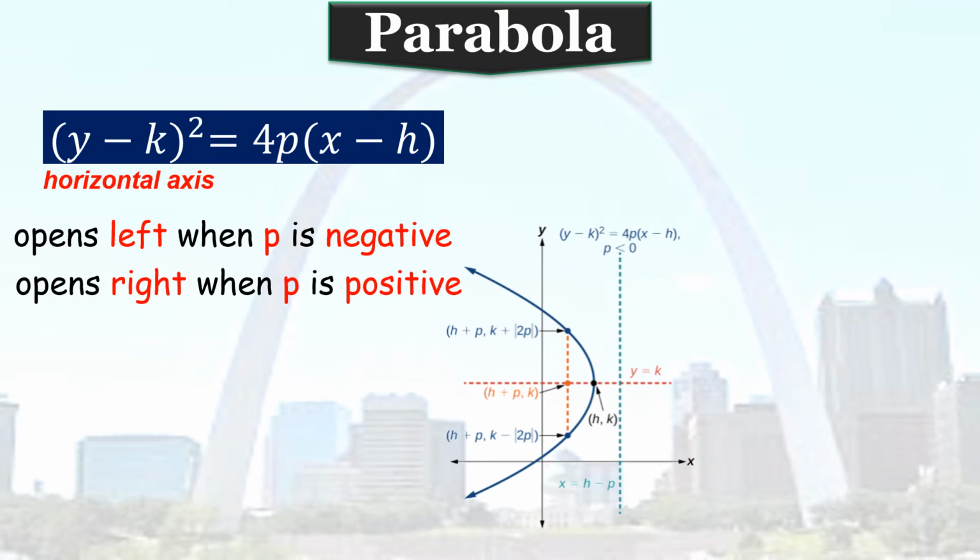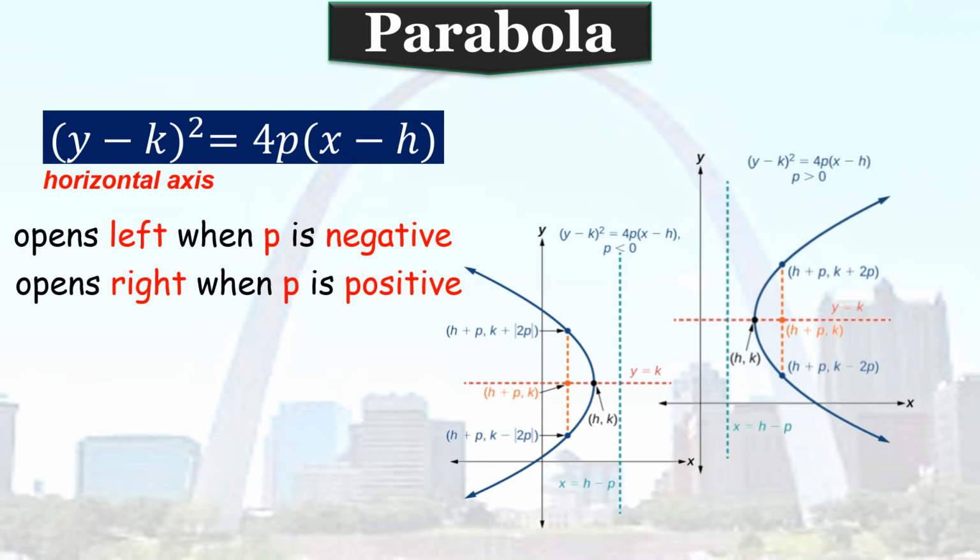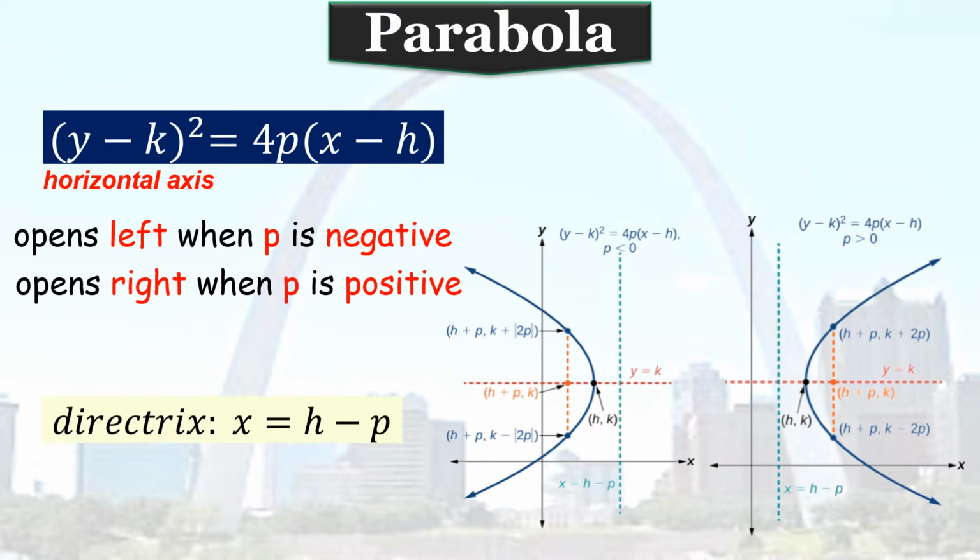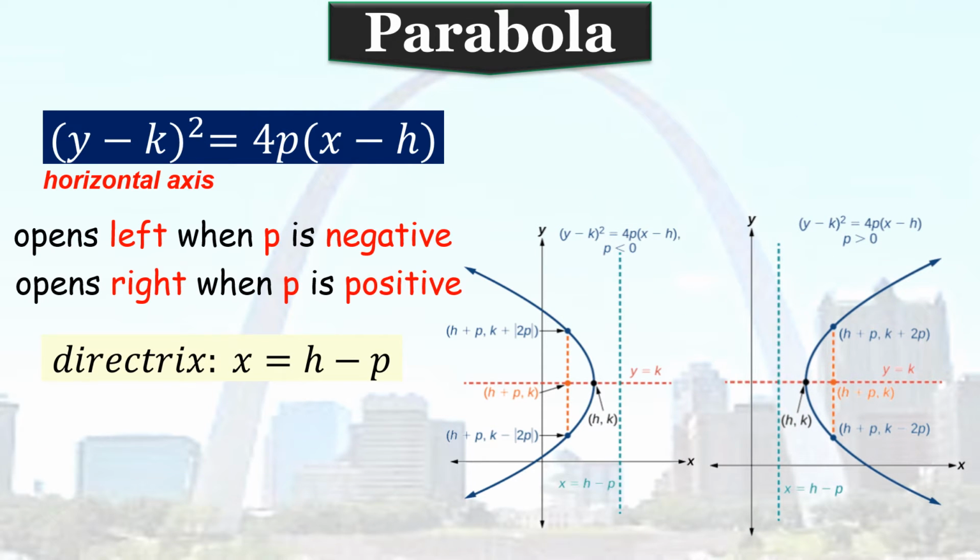It opens right when p is positive. To determine the directrix with this type of equation, it is x equals h minus p. And to determine the focus, it is (h plus p, k).